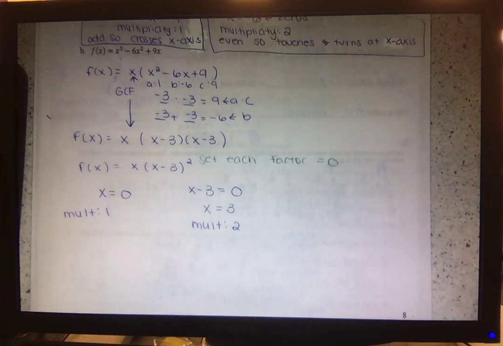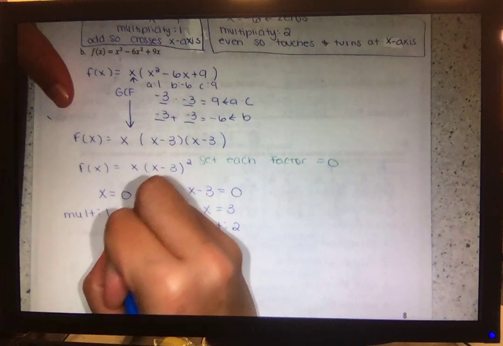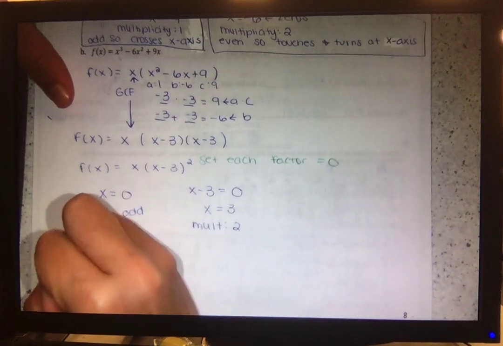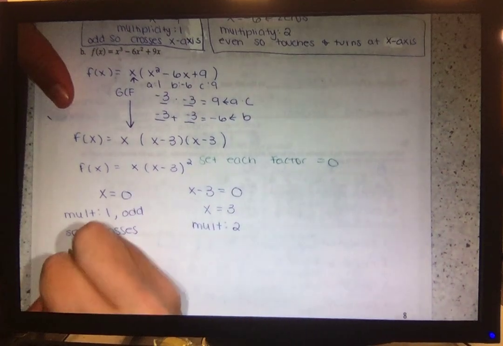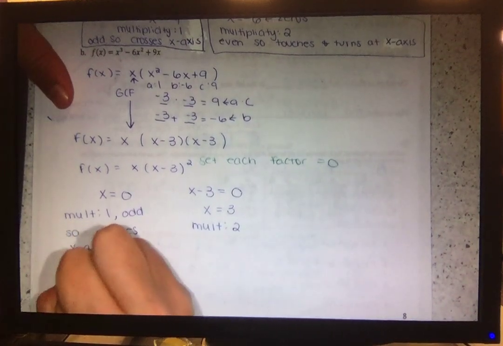So we found the zeros, we found the multiplicity, and now we're trying to find what happens. So x equals 0. Our multiplicity is 1, which is odd. So what's going to happen? Good, it crosses the x-axis at that point.